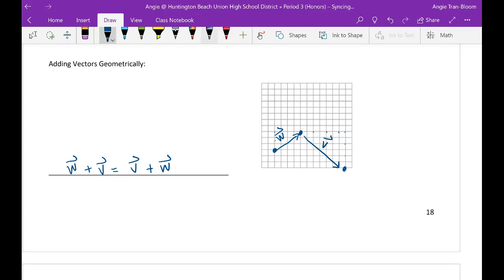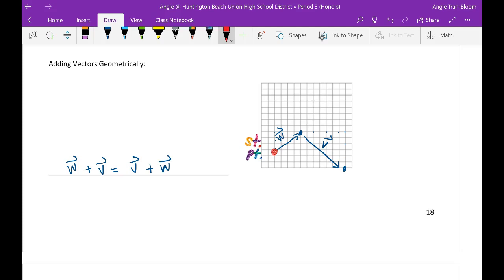Adding vectors, this is the part where some students get it wrong. This is our starting location, starting point. When you add vectors, you continue to draw them, continuously drawing them. So wherever w ends, you continue with v.